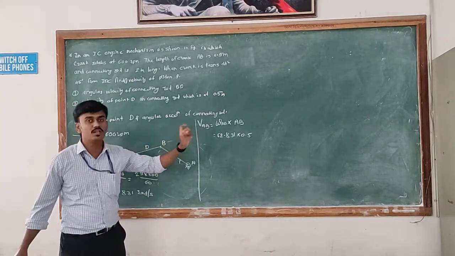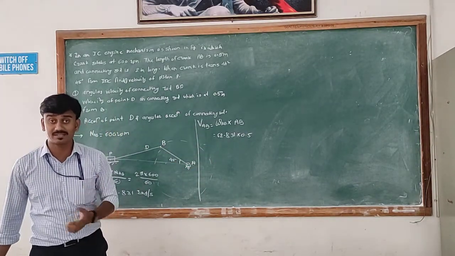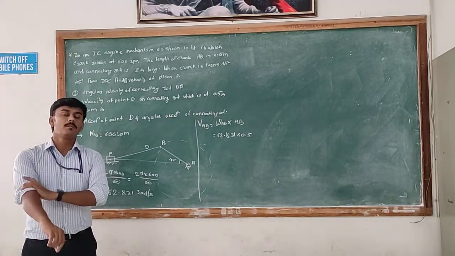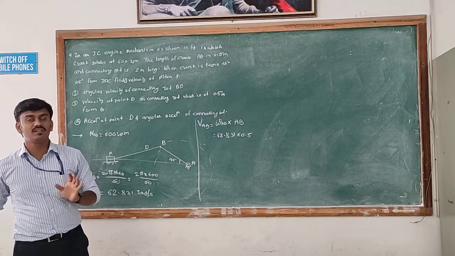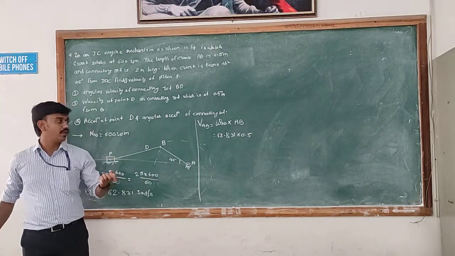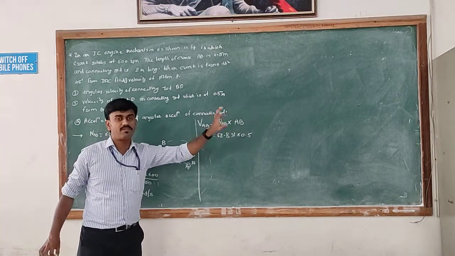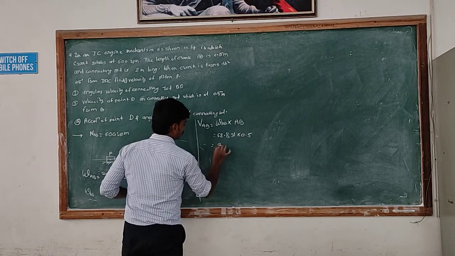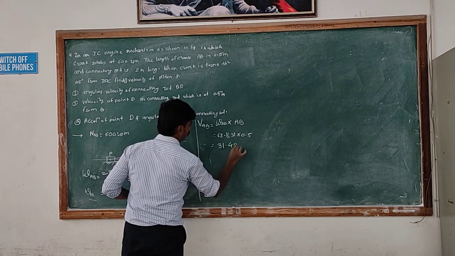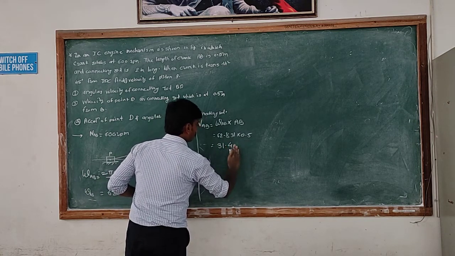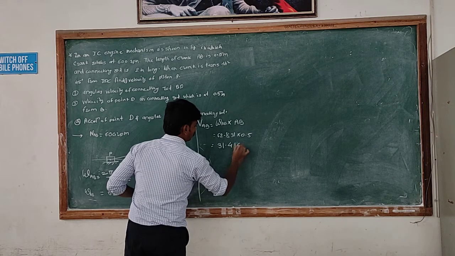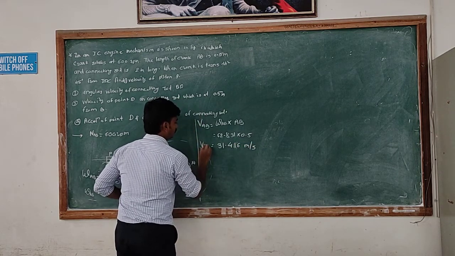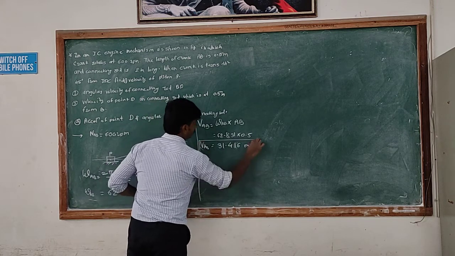If we put this value in meter, we will get the velocity in meter per second, and if we put this value in mm, then we will get the velocity in mm per second. But for simplicity, for small values, always find the velocity in meter per second. So it becomes 31.42 meter per second. It's the velocity of AB.